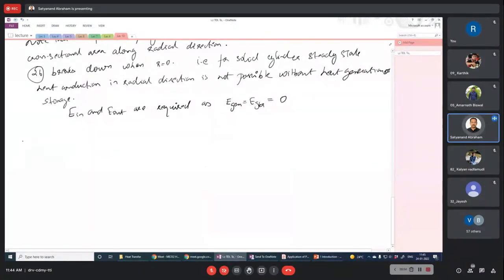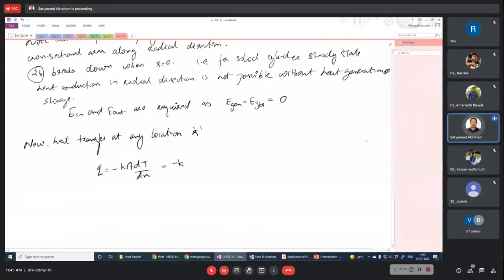Now we are going to find the heat transfer at any location r. How can we find it? We say Q is equal to minus K A dT by dx. Here we are talking about the total heat, not flux. So how can we write it?